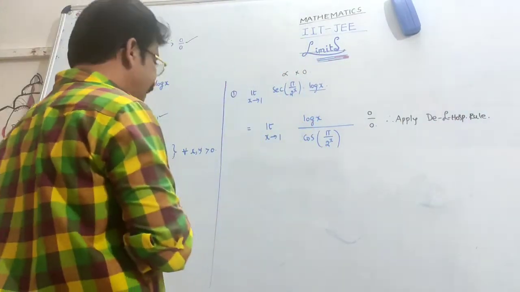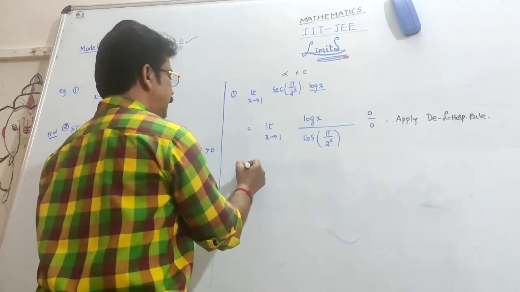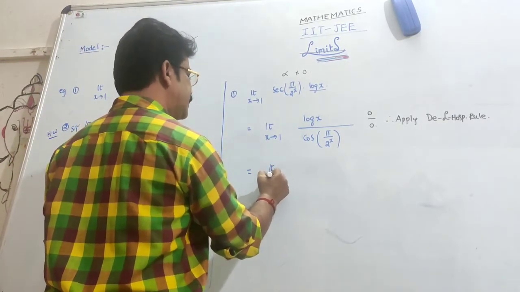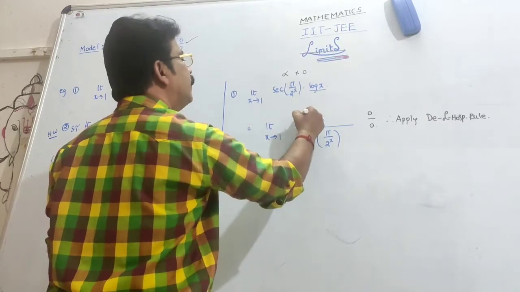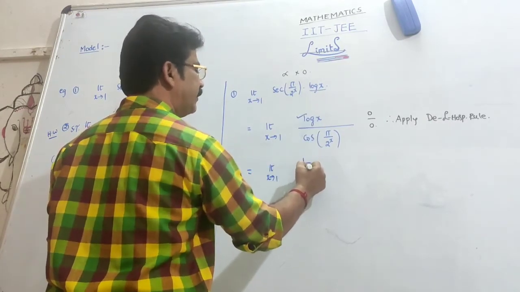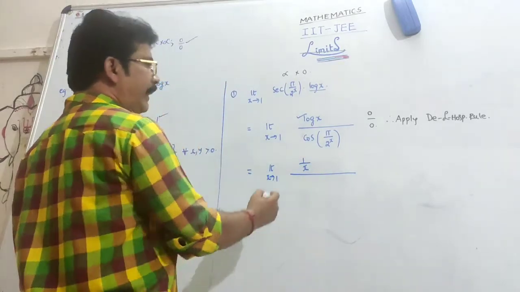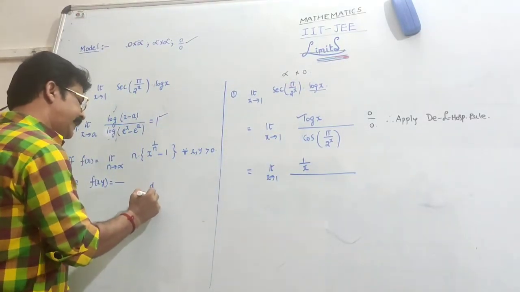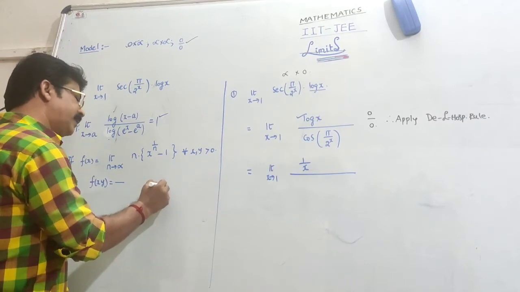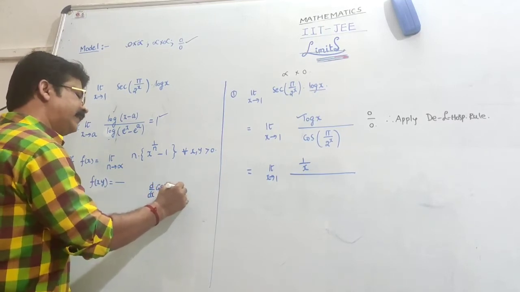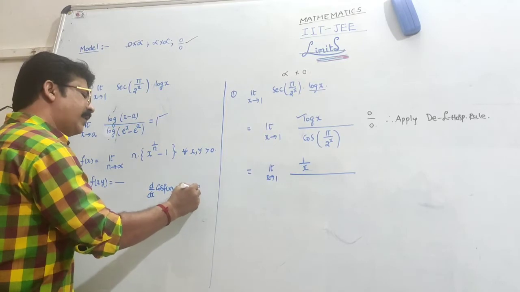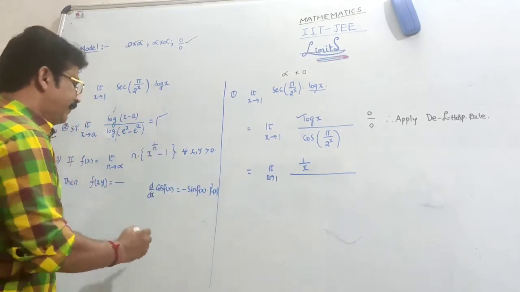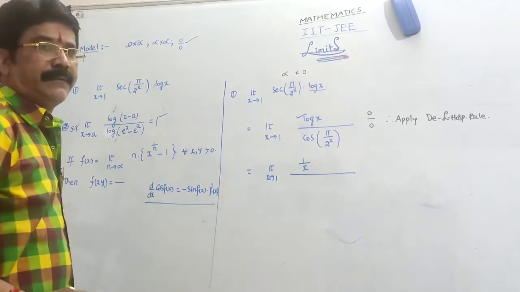So that is equal to limit x tends to 1: for the numerator, differentiate with respect to x, 1 by x, divided by d by dx of cos of f of x. What is d by dx of cos of f of x? It is minus sin of f of x into d by dx of f of x, which is simply f dash of x.